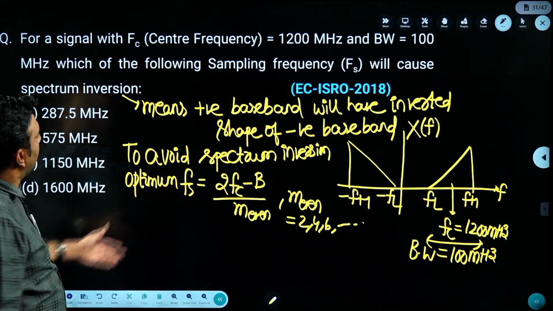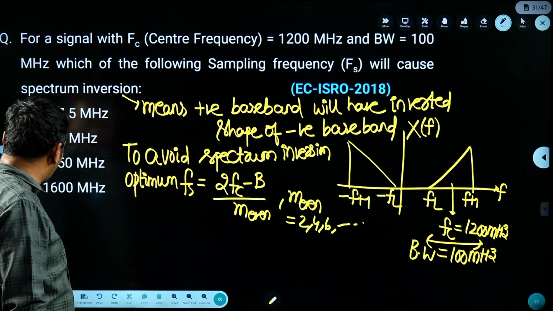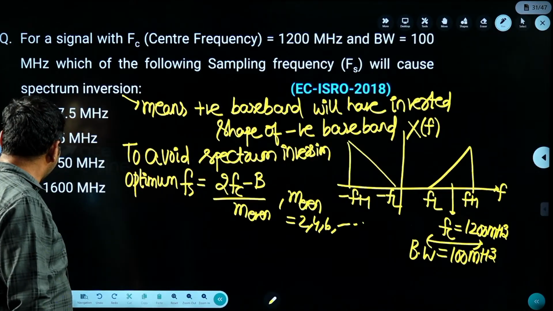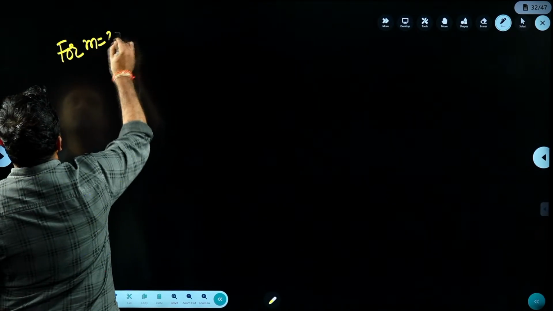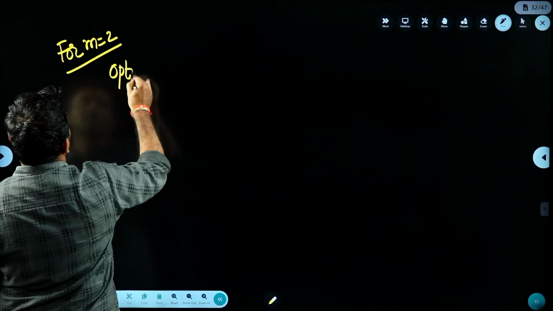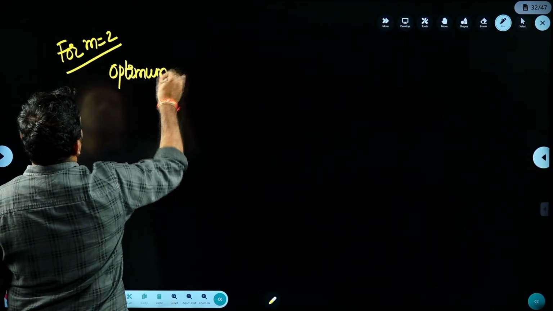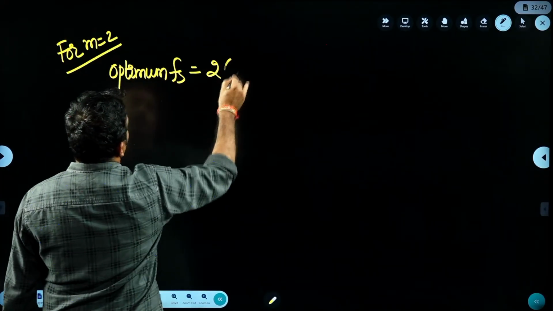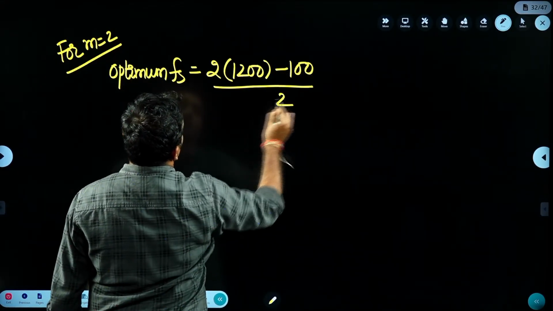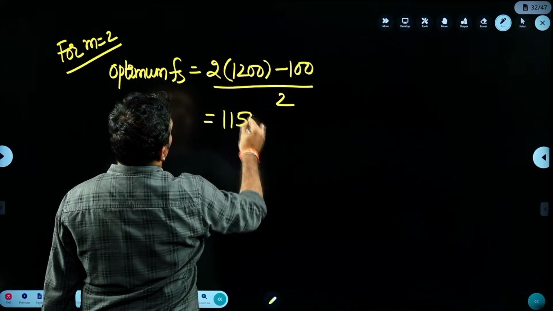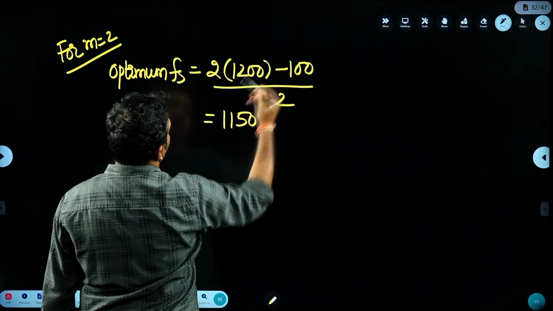So, let me tell you, suppose I want to take M equals to 2, sir. For M equals to 2, what is that optimum Fs? 2 into Fc means 2400, minus B 100, divided by 2, that becomes 1150.